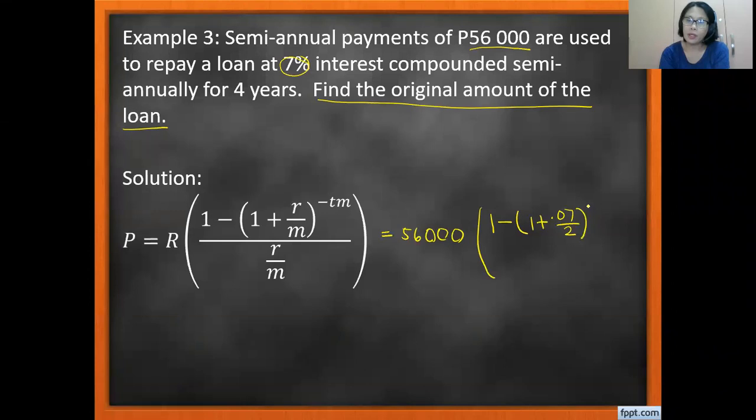Then to the negative 2 times 4, so that is negative 8, because this is time times compounding period, all over 0.07 over 2. Let's make use of our calculator and round off the value to two decimal places. So 56,000 quantity.